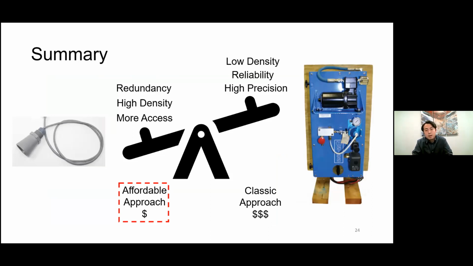And with that, it enables us to not only have more of these sensors out there to measure spatial patterns across large areas, but also creates redundancies in the system, and gives more folks access to conduct environmental monitoring. And I think that these two systems, the affordable approach and the classic approach, complement each other, and we would need both for a variety of different purposes.